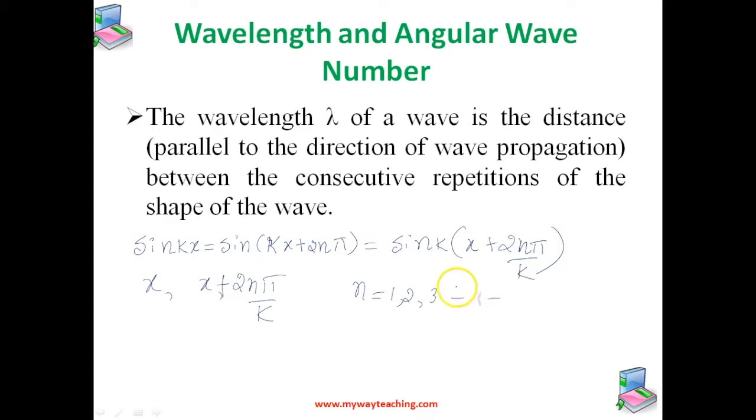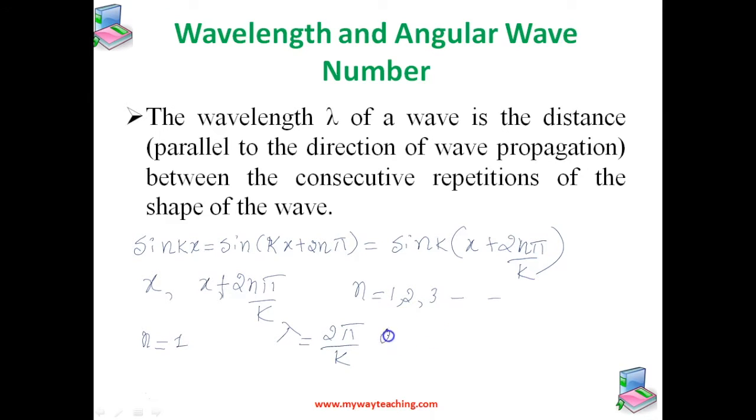The least distance between the points with the same displacement is obtained by taking n is equal to 1. So we can write lambda is equal to 2 pi by k, isn't it?